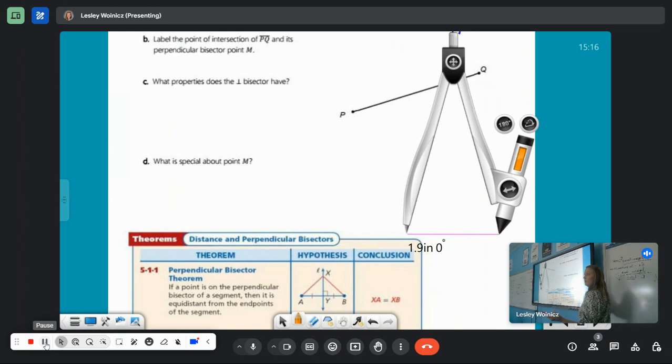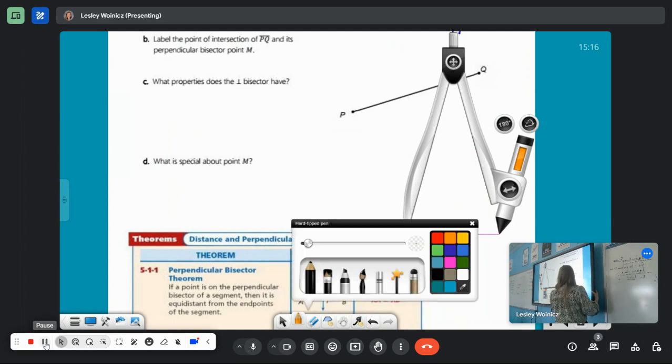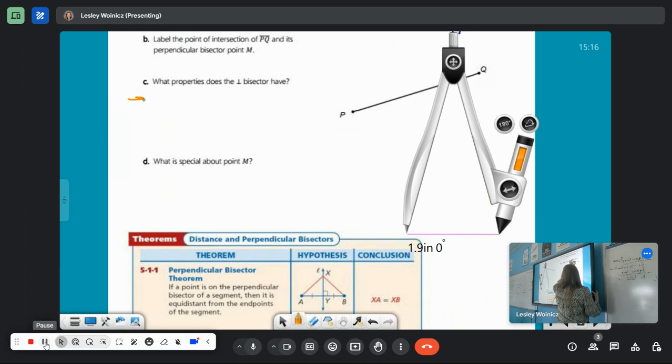Well, what kind of angle does it make with PQ? So it's going to make, oh my gosh, makes what kind of angle? Okay, right. With which segment? PQ.